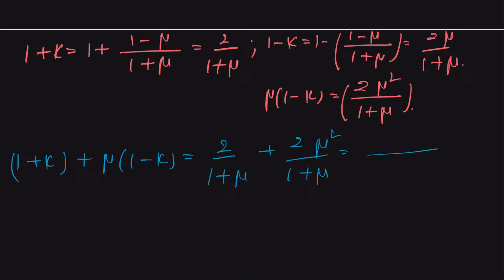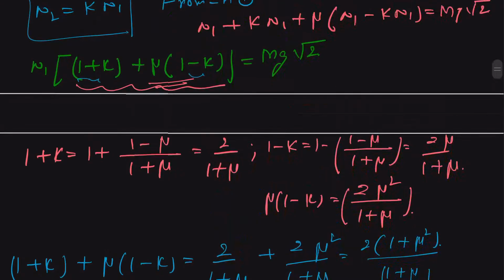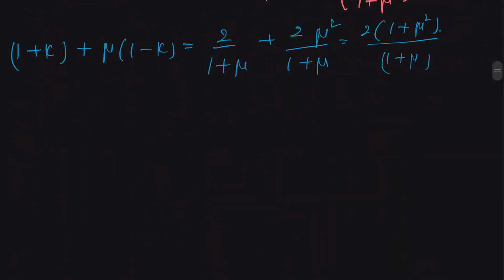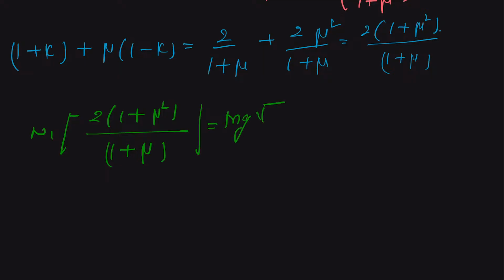So 1 plus mu will be our LCM, 2 we can take as common, so this comes as 2 times (1 plus mu square) upon (1 plus mu). Now we simply substitute it here. We get N1 times 2 (1 plus mu square) upon (1 plus mu) is equal to mg root 2.